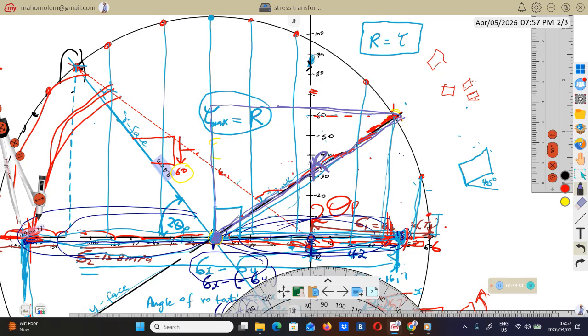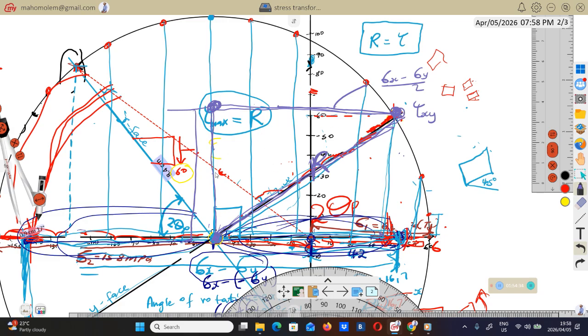But we know that this radius equals this radius. So from this triangle, this distance from here to there, I spoke about it. I'm not going to explain it again to save time. It's stress x minus stress y divided by 2. It's this distance from here to there. So this distance from here to there is the shear stress.